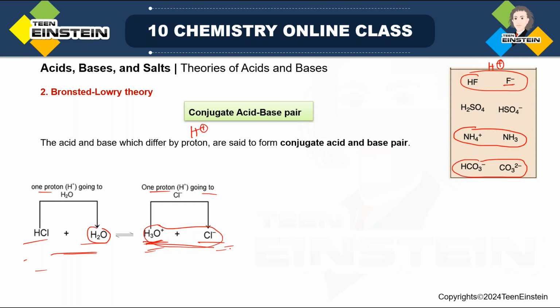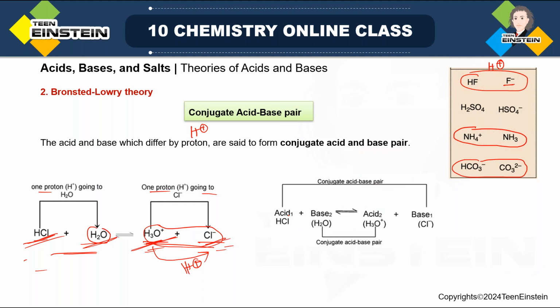So why are we talking about all the possibilities? Because HCl is acting as an acid because it is donating H plus, and here H2O is acting as a base. So this is one type of acid, this is a base. Similarly, on the other side, when H3O plus is donating a proton to Cl minus, this is acting as another type of acid and this is acting as another type of base. So you can now say this is acid 1, this is base 2, this is acid 2, this is base 1.